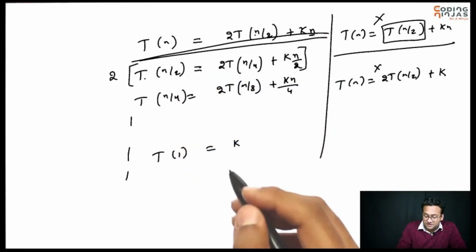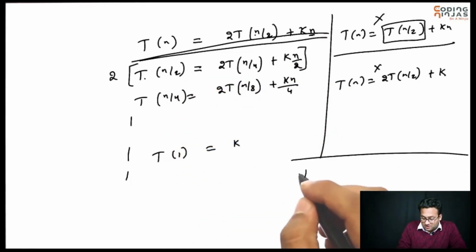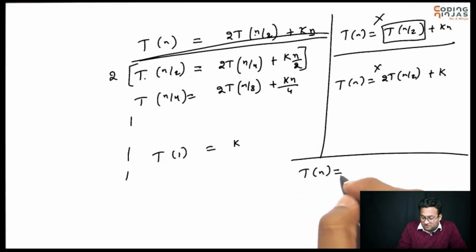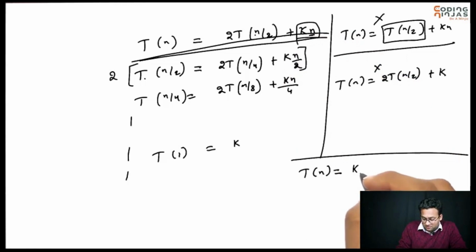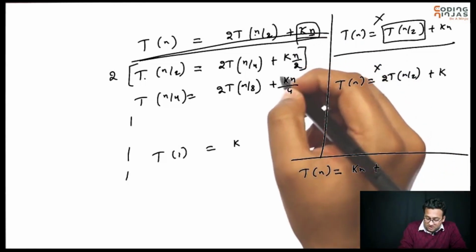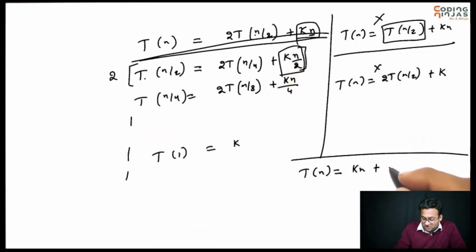So if I add the first two equations, T(n) equals kn plus kn by 2 multiplied by 2, which is again kn, plus 4T(n/4). Instead of 2T(n/2), now you have 4T(n/4).